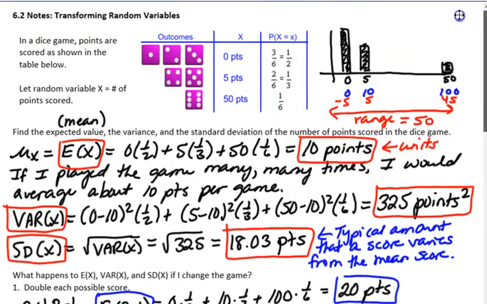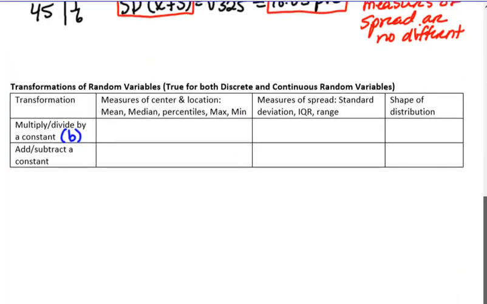So you'll notice here that when we multiply by 2, any measure of position, including the mean, is multiplied by 2, and the range is doubled, so the standard deviation also, so any measures of spread are also multiplied by 2.